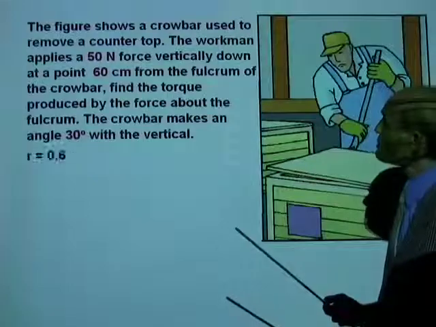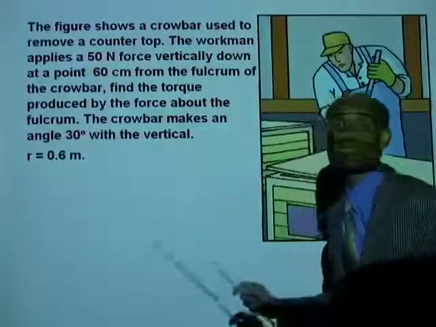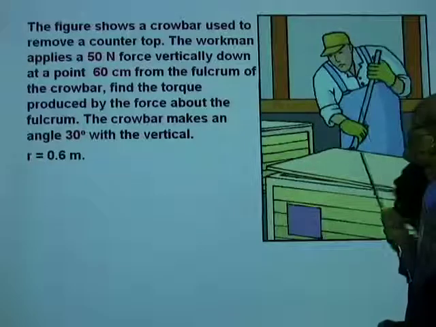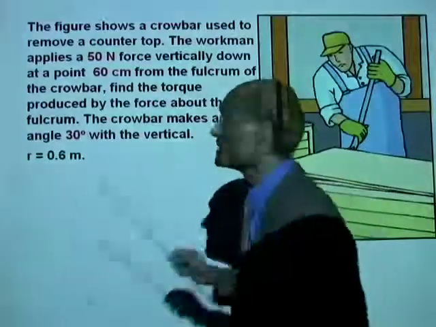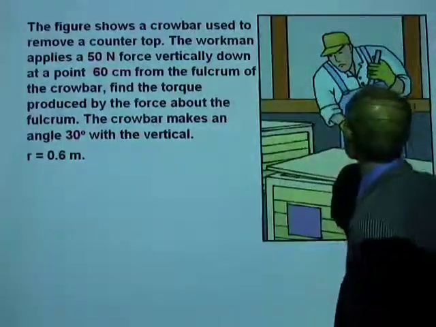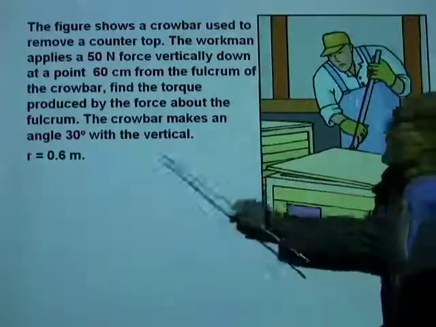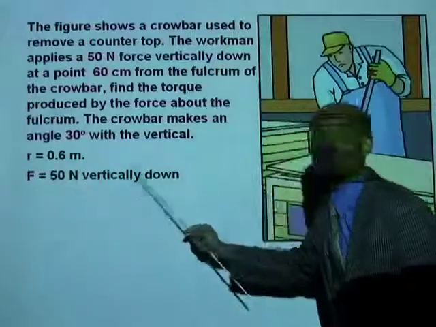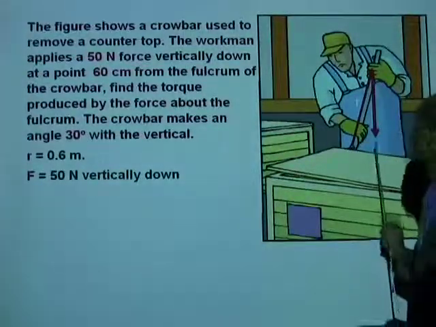Alright, let's understand this problem a little more. R equal to 0.6 meter. You understand that the length of the crowbar is the torque arm. So this is our R vector, and that is 0.6 meter. And F equal to 50 Newton is acting vertically down.